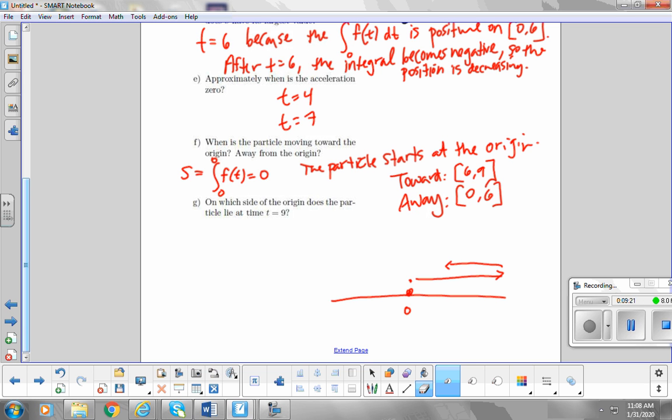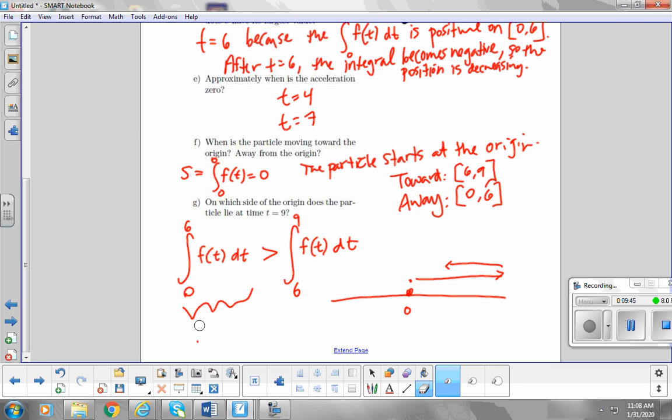No. How do you know? The area is still smaller. So you would say the integral from 0 to 6 is greater than the integral from 6 to 9. In this one, you're moving away from the origin, in the positive direction, and in this one, you're moving in the negative direction.